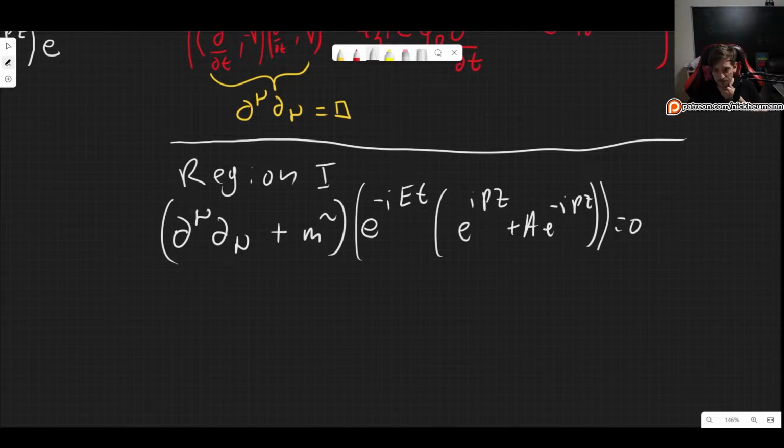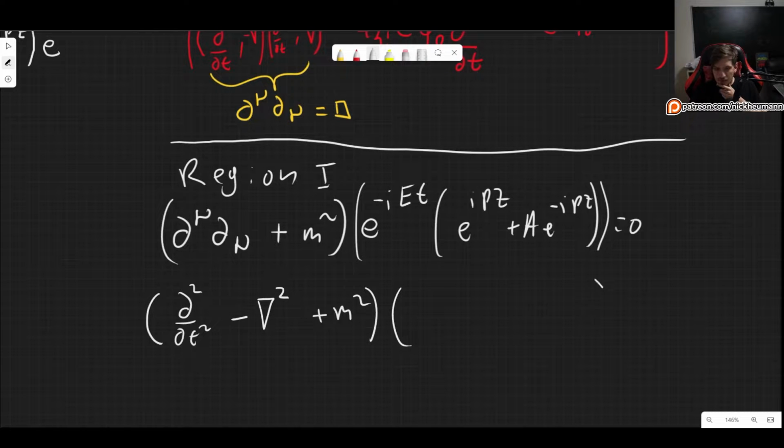We are summing over this dot product, and we end up with the first term squared. So we get d squared dt squared minus, and then the second part squared, which will be minus nabla squared. Then of course plus m squared, and then times that same thing that I'm too lazy to write.